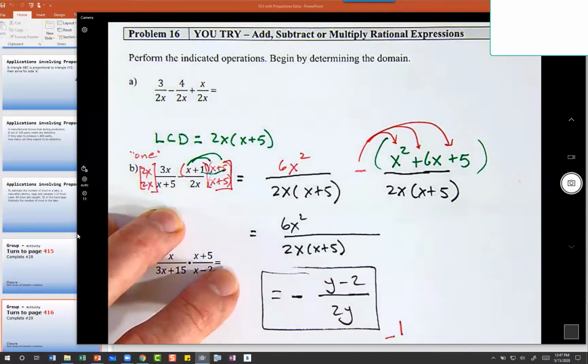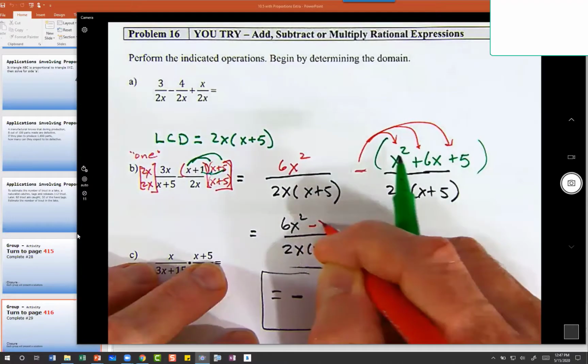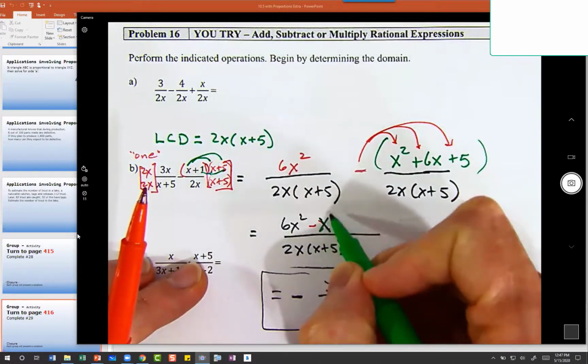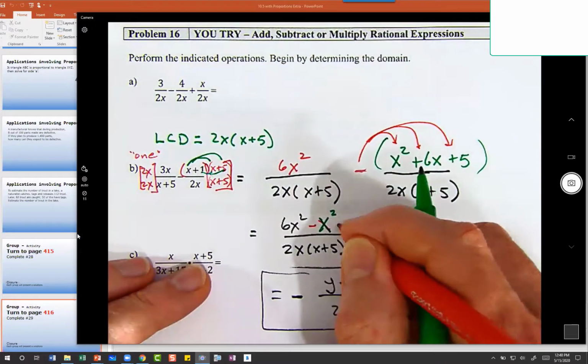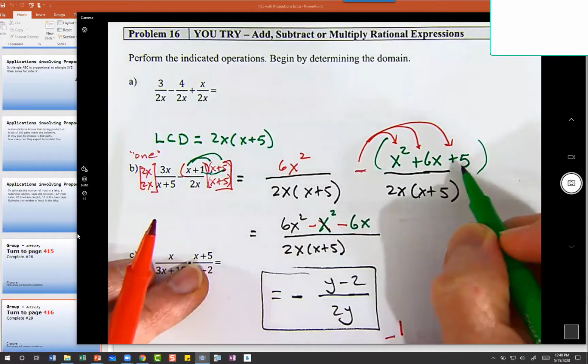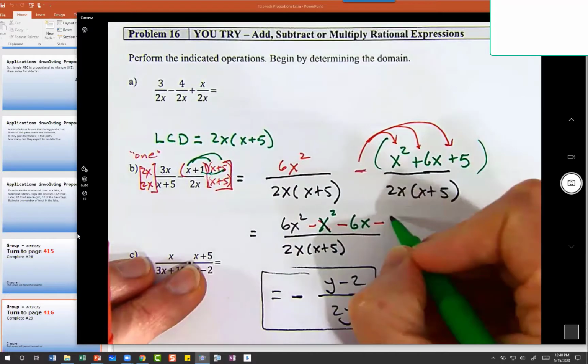So I'm going to have a minus for the x squared, but the 6x is also going to become a minus 6x. And the 5 is now going to become a minus 5.